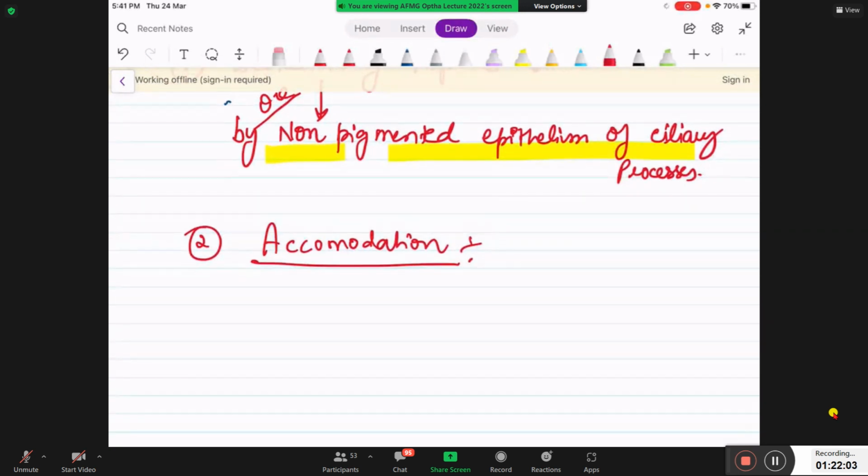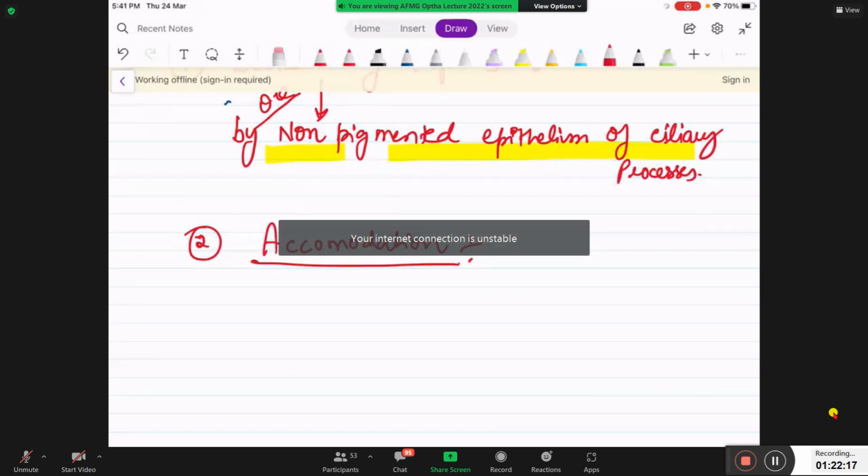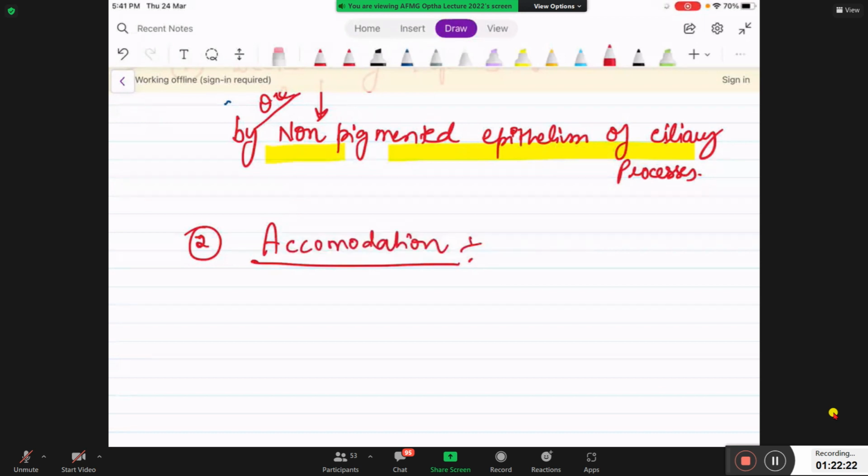Suppose I want to focus on a near object, on the tip of the pen. Then my eyes will try to converge in order to focus on the near object. That phenomenon of increase in converging power of my eyes in order to focus on a near object is called accommodation.